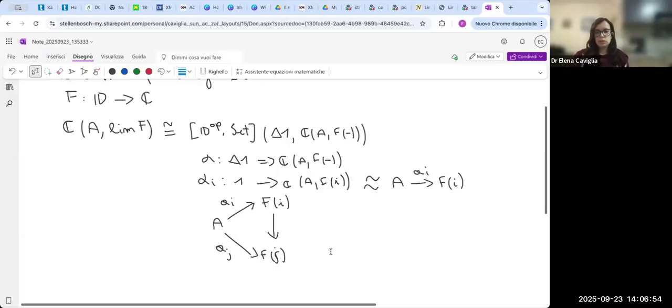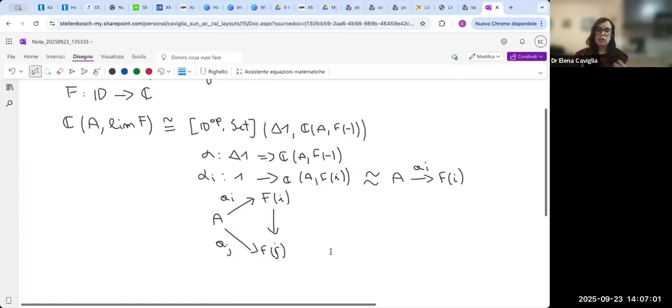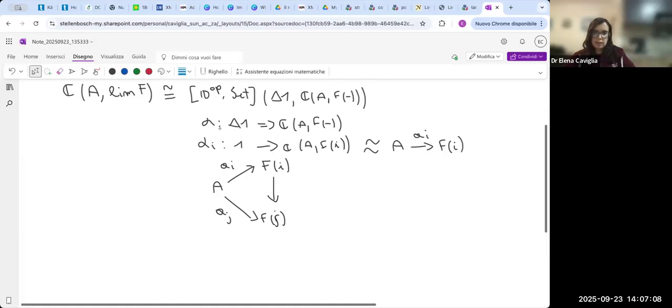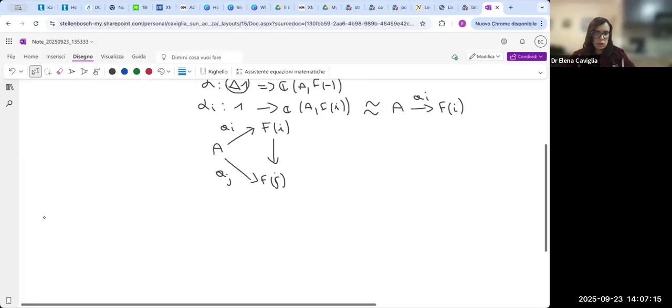There are different ways to do this, but the way in which this is done in enriched category theory is that of introducing what is called a weight. So instead of just having delta 1 here, we will have a more general weight. We replace delta 1 with a weight.